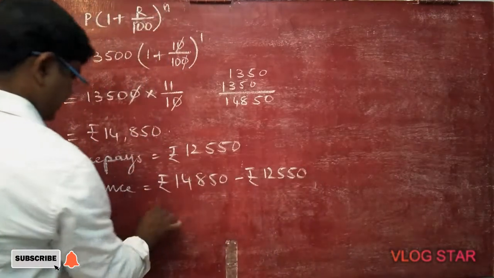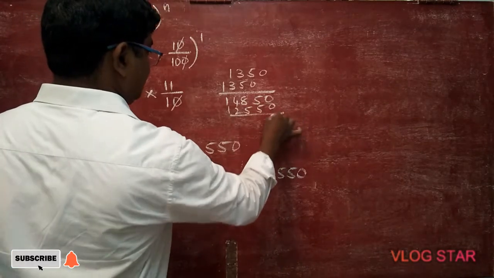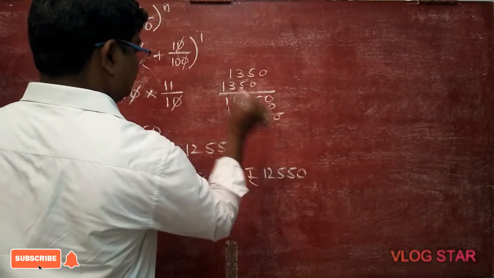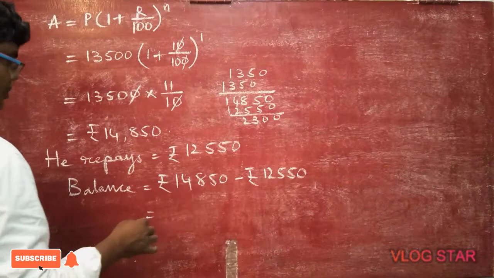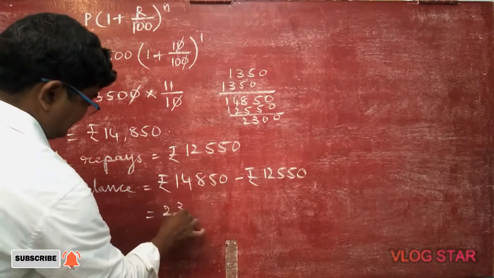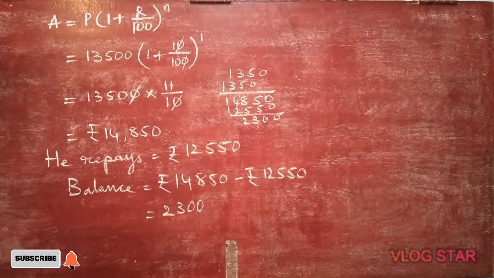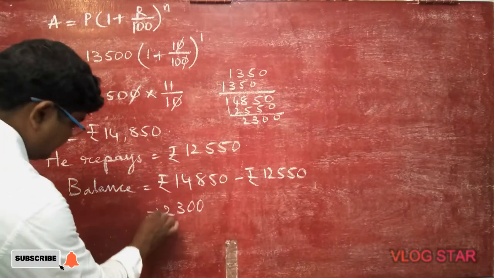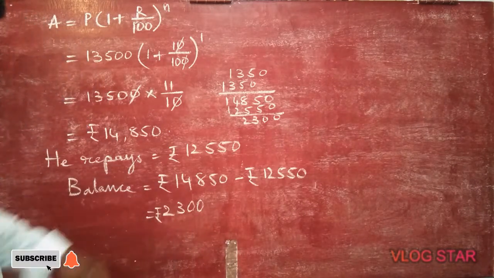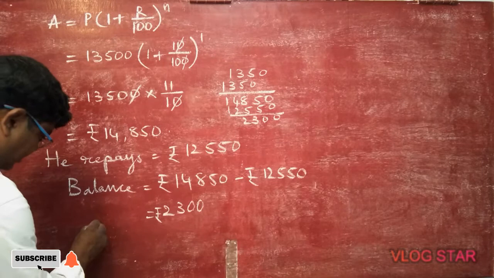Subtract: 2,300. So here, rupees 2,300 is the balance. This will become the principal for the third year.